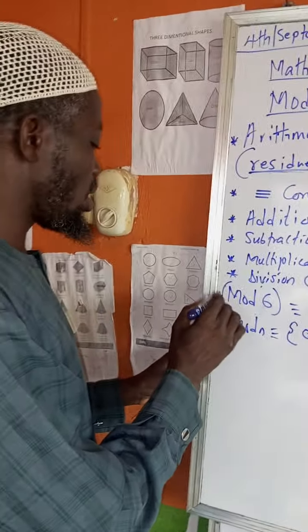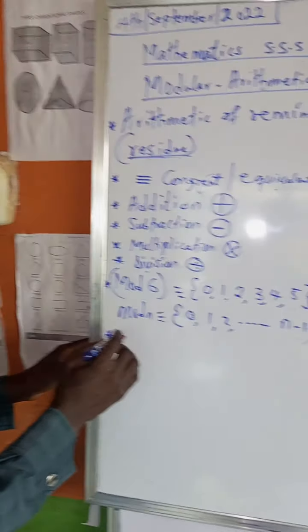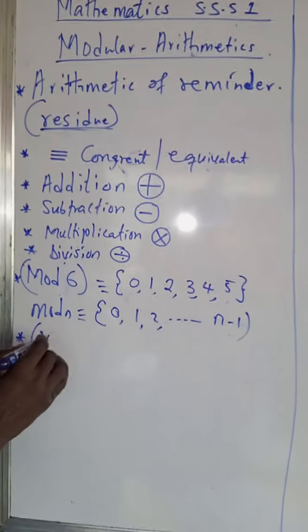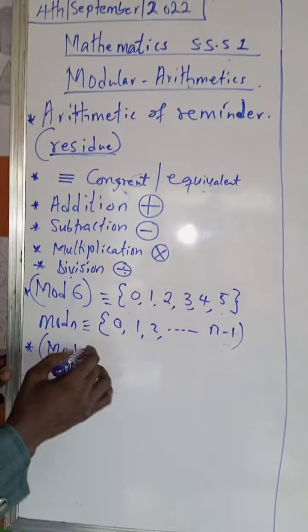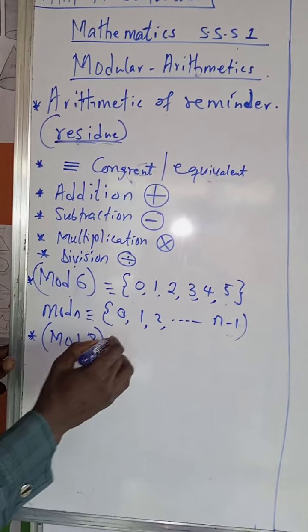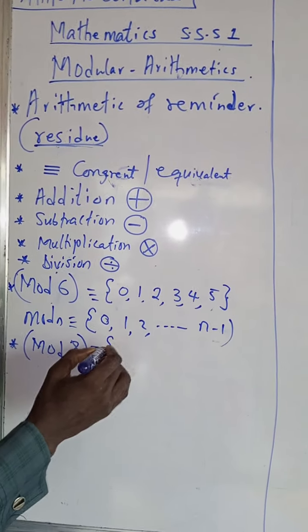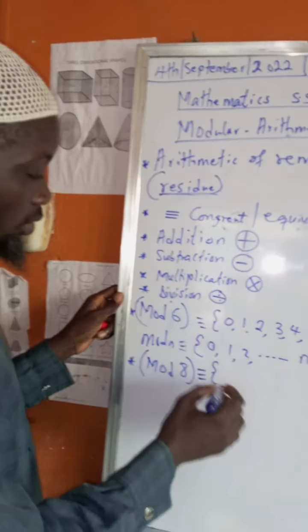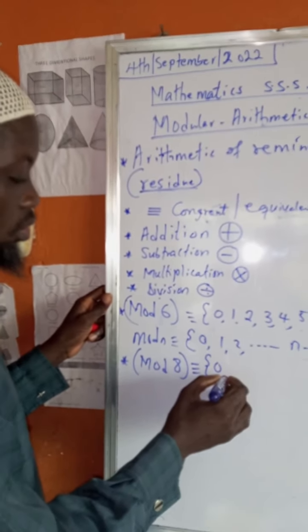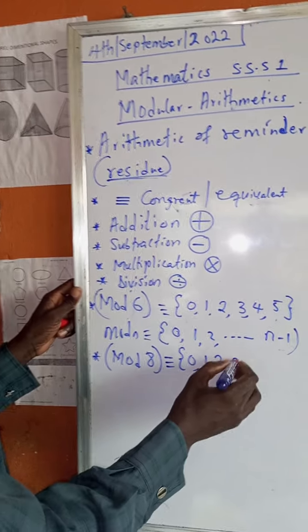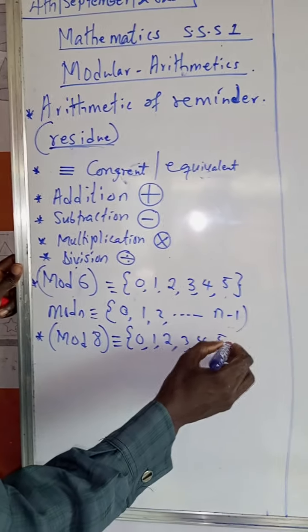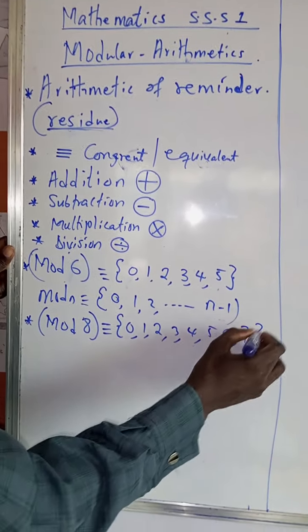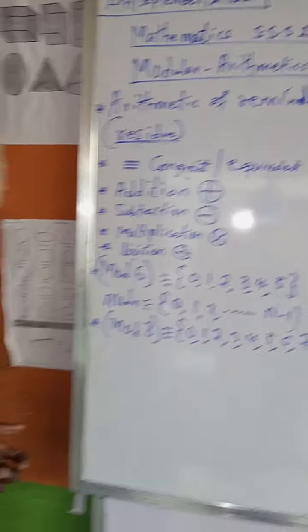Let me give more examples so that you get it clear. Let's say modulo 8. For modulo 8, we have the residues 0, 1, 2, 3, 4, 5, 6, 7. It will stop at 7.